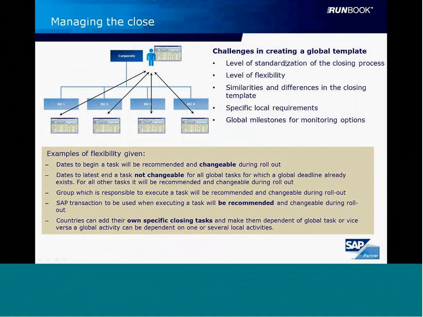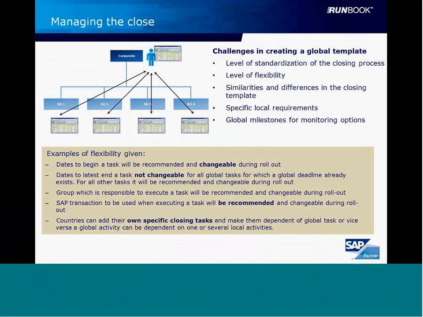Now, we predefine the level of standardization. So let's say we have 100 activities in the master template, and we say out of these 100, 80% are mandatory for each legal entity. Then the moment we copy it down to business unit 1, those 80 steps are always in there. They cannot change it. We also have some flexibility because, for example, in some regions you have really local specific activities which you may not want to incorporate in the master template but only want to add to business unit 1.